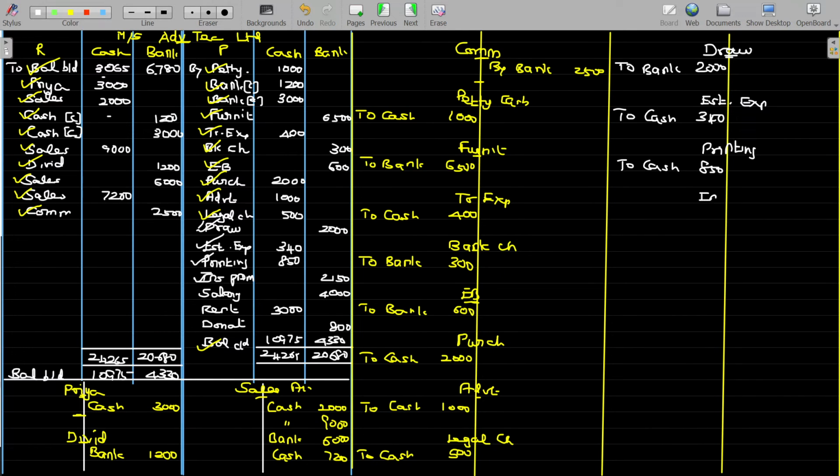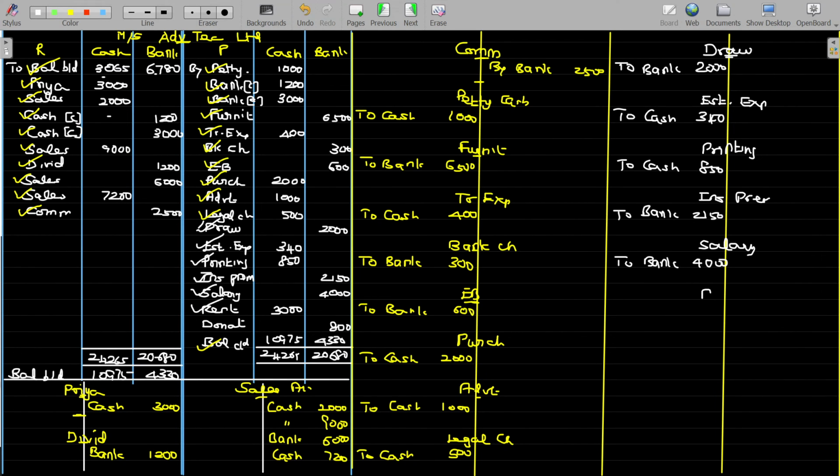Insurance premium, to cash, sorry, bank. The payment is by way of check, so bank. To bank, the value being 2150. Salary 4000, to bank, that salary is also paid by check.